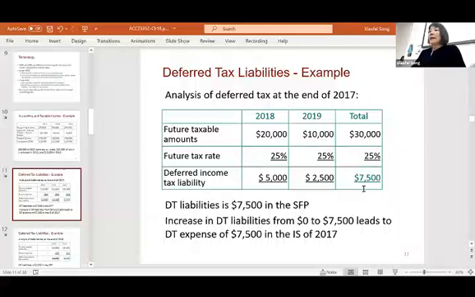The second is that deferred tax expense is the change in deferred tax liability. Even though in this year the number is the same, conceptually they're not the same. Deferred tax expense is not the deferred tax liability, rather it's the change of deferred tax liability. Okay, with that in mind, we can go on to the next year.